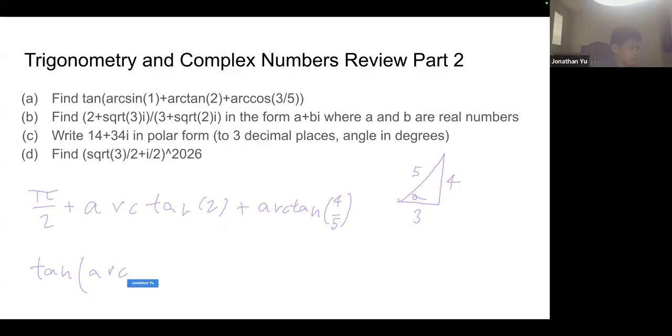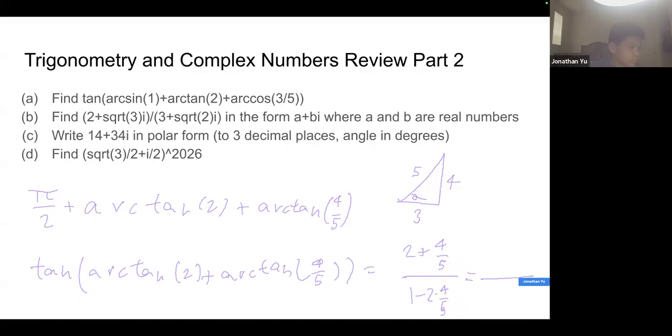So the tangent of arctangent of 2 plus the arctangent of 4/5 is equal to 2 plus 4/5 over 1 minus 2 times 4/5, which is equal to 14 over minus 3.